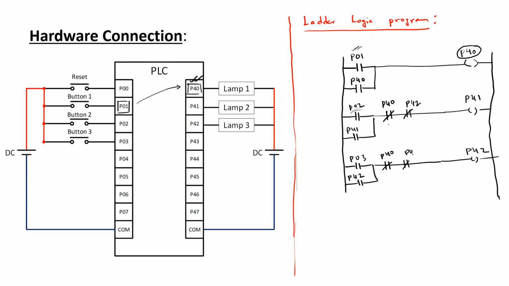So it should be P41. And here we should take the consideration of participant 2 and participant 3. If somehow they press the button first, this respective path should be open so that the connection from the left hand rail and this output coil is not established.